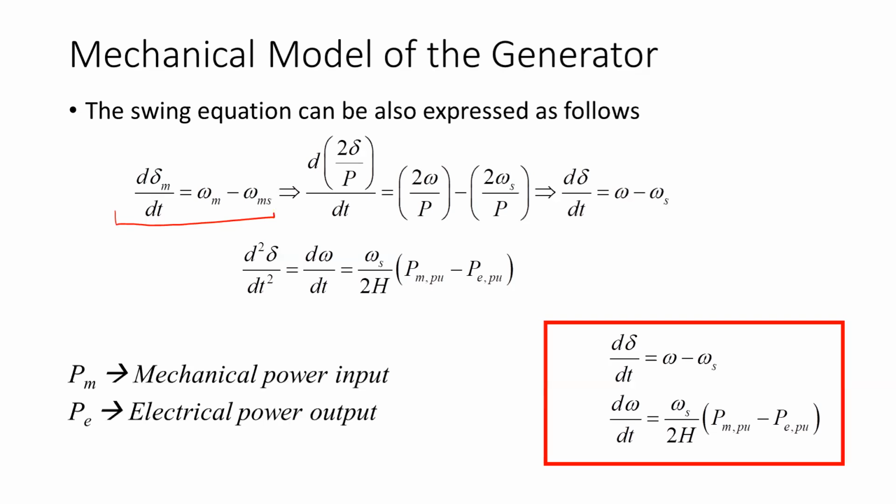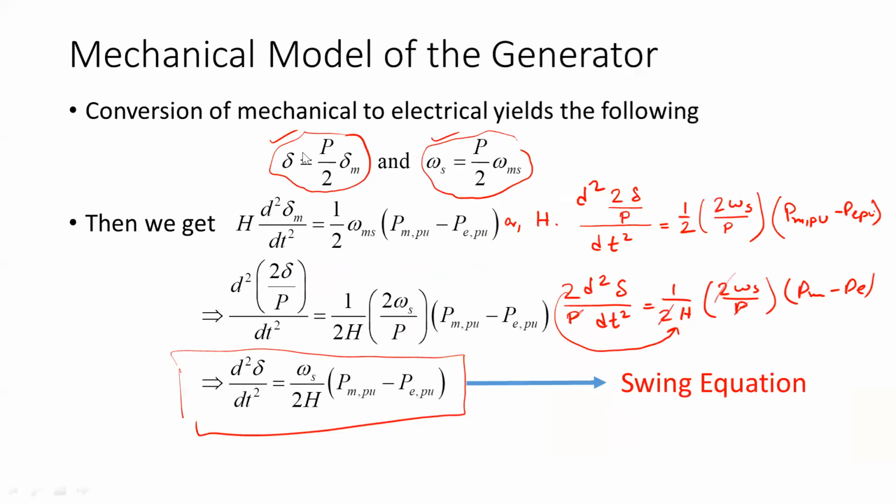So here, d delta m by dt is omega m minus omega ms. Again, we use the relationship that we have. Omega m can be written as twice omega by p. If I go back, what is the relation? Delta is equal to p by 2 delta m.